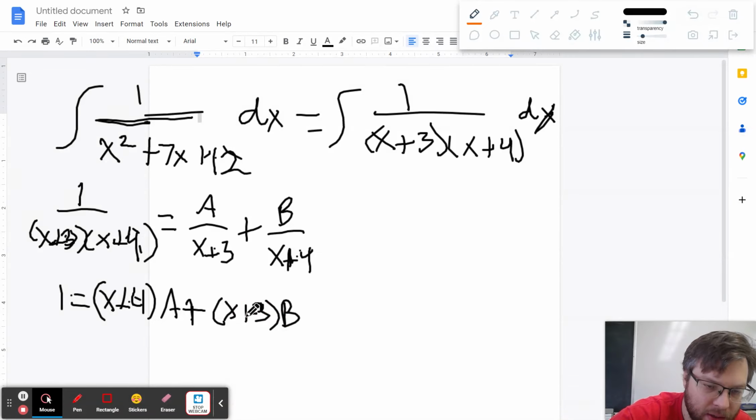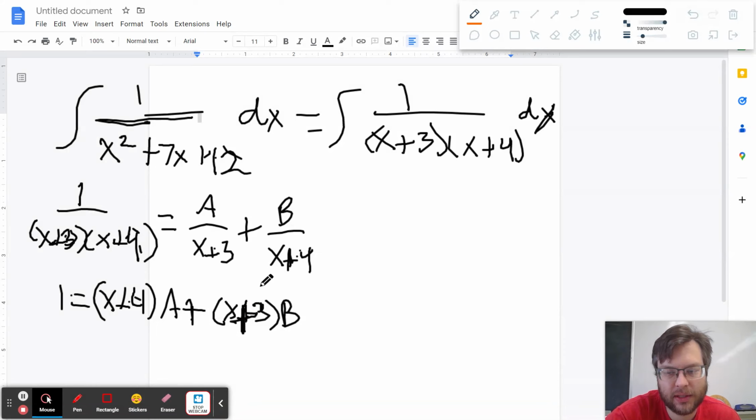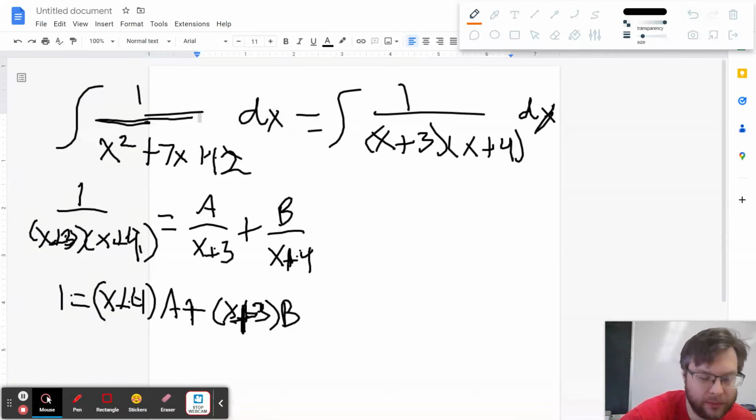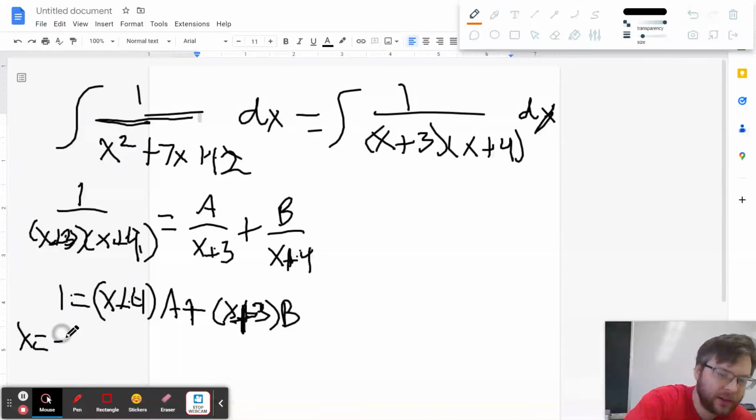What we're doing here is choosing whatever x values we want to make this true. There are easy x values that make each of the fractions disappear. If you plug in x equals -4, that makes the first factor 0. I usually write it over here on the side, just to be clear about what I'm doing.